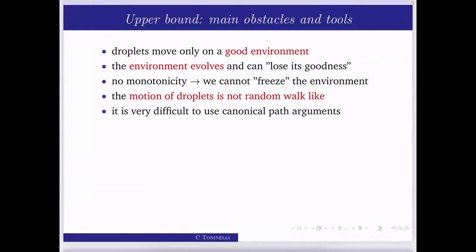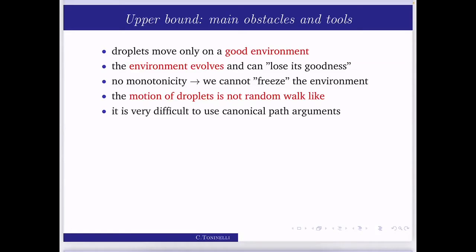For critical models, I said that these droplets are mobile in a typical environment. So if I want to move, say, the column for the Duarte model to the right, it will have to be inside an environment in which at each step I'm finding at least one empty site in the next column.